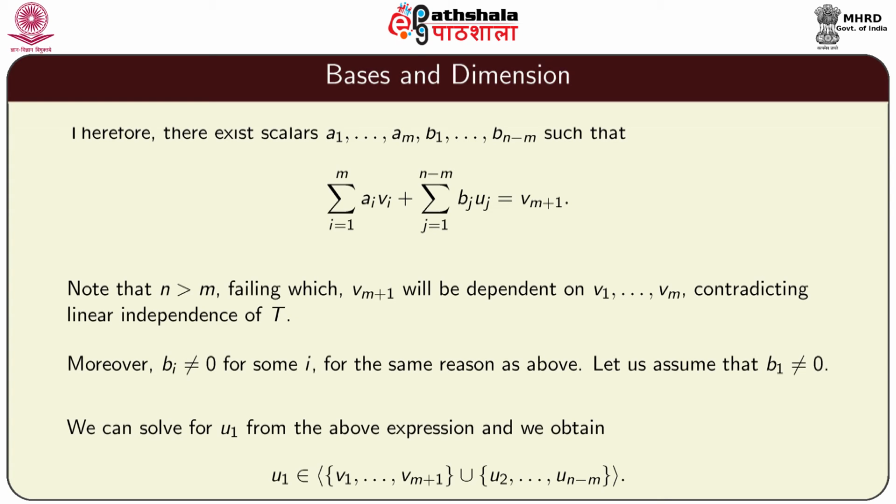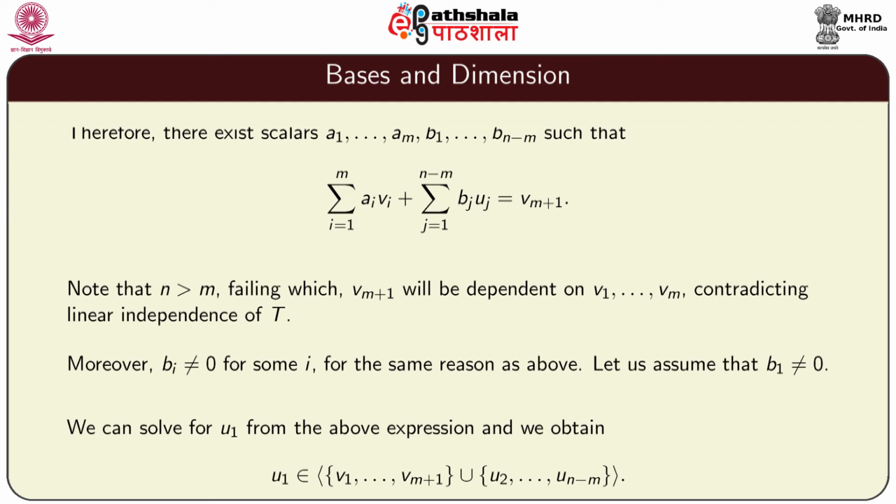Otherwise, the second summation, that is summation bj uj, where j is from 1 to n minus m, will simply disappear, and we would be left with v(m+1) equal to summation ai vi, which would contradict linear independence of T, because v(m+1) would be a linear combination of v1 to vm, which cannot happen.